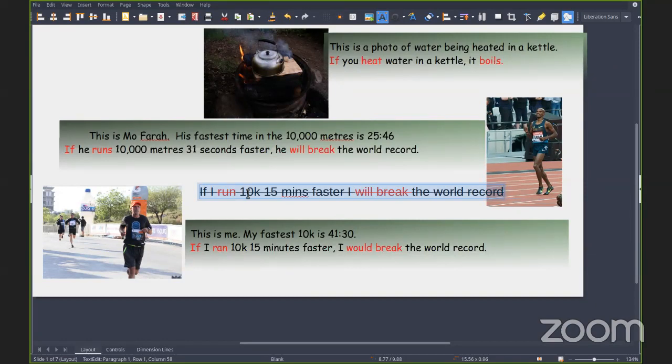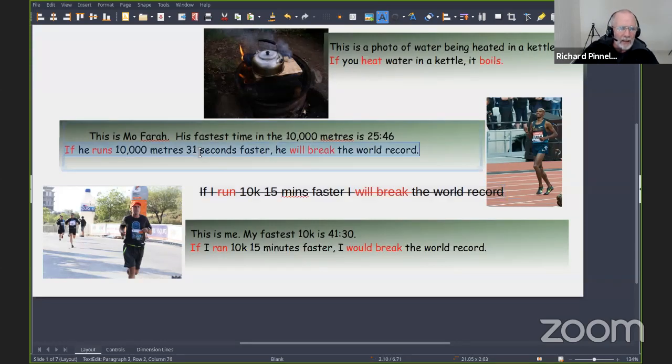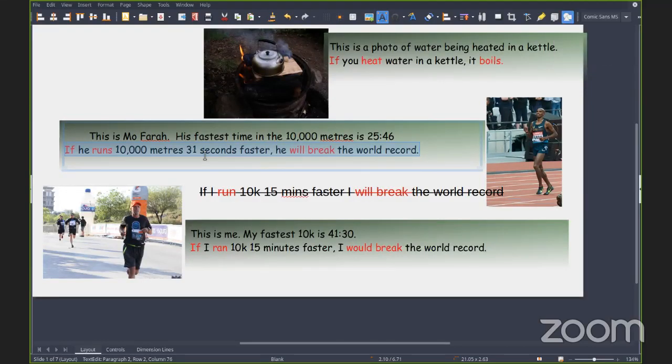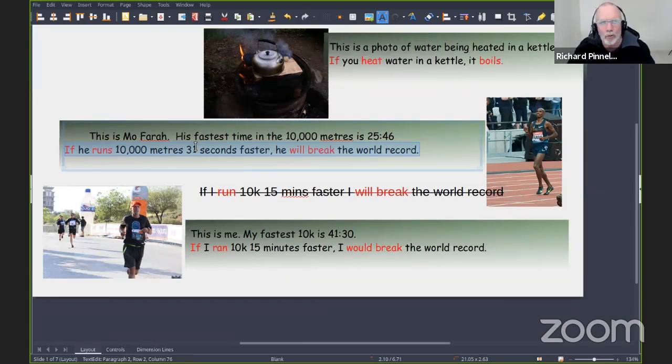Well, I'm going to tell you the reason is that this conditional here is what we call a real conditional. That means that it's a real possibility. Mo Farah is one of the world's fastest runners. He won the gold medal at the Olympics. And it's highly possible that he could run 10 kilometers 31 seconds faster and beat the world record.